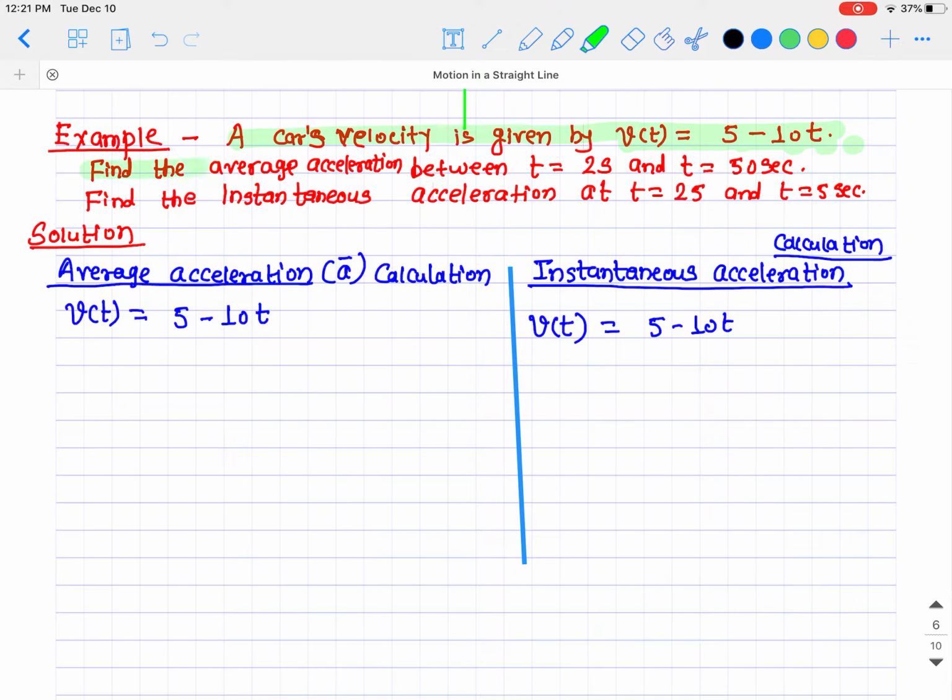If that is the case, then what is the average acceleration between the time 2 seconds and the time 5 seconds? I'll just make one minor correction: the time is measured between 2 seconds and 5 seconds, not 50 seconds.